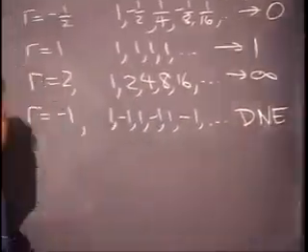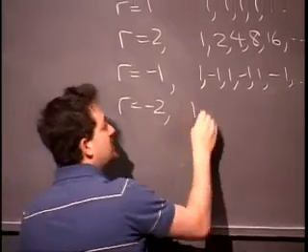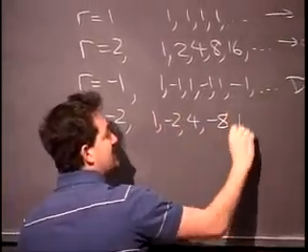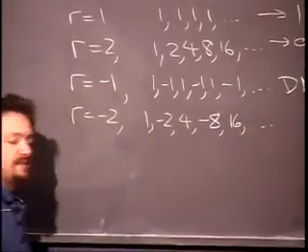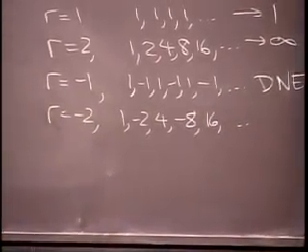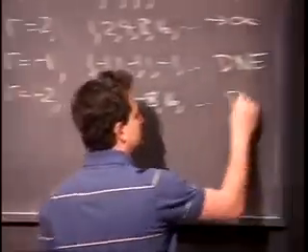And actually, even worse things happen when you let r be, say, -2. There, you get this oscillation, 1, -2, 4, -8, 16, and so on. But they're even further away from 0. They're just going back and forth, huge back and forth. Certainly, this limit does not exist.